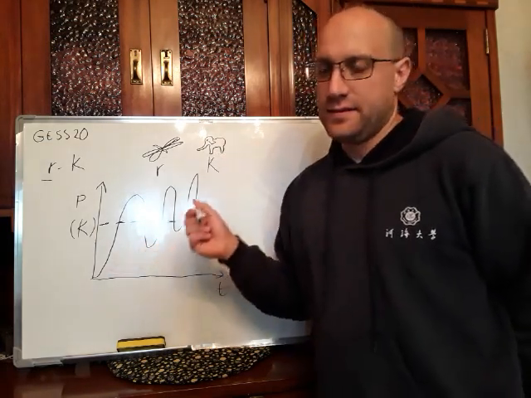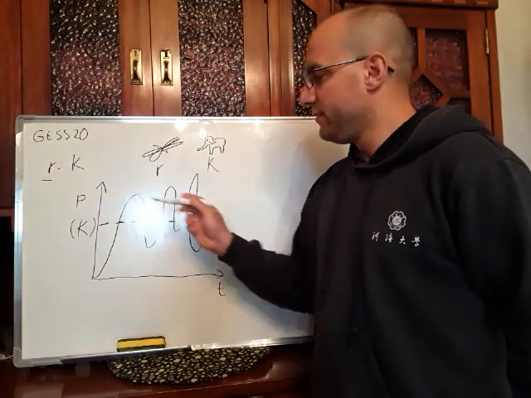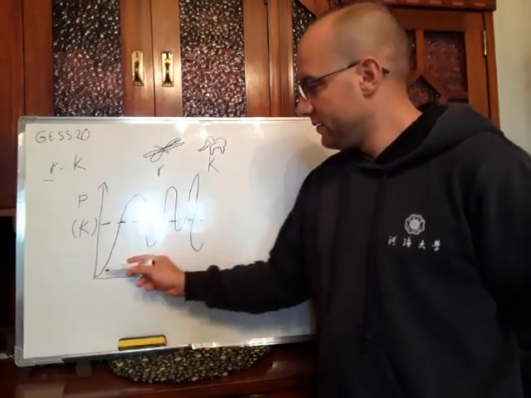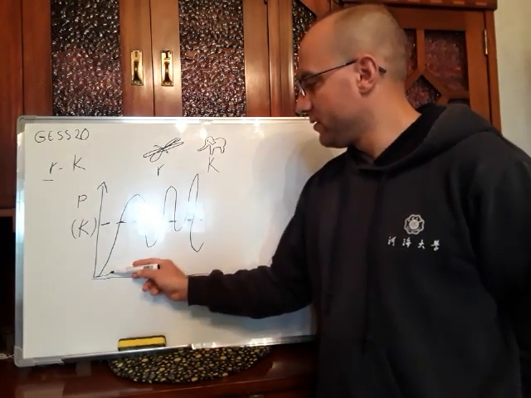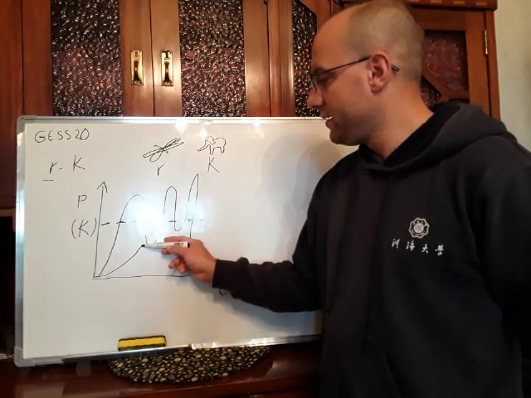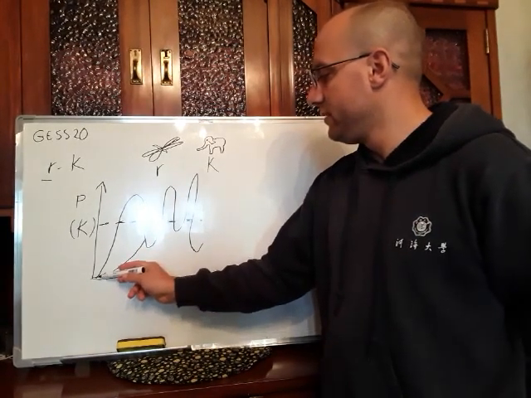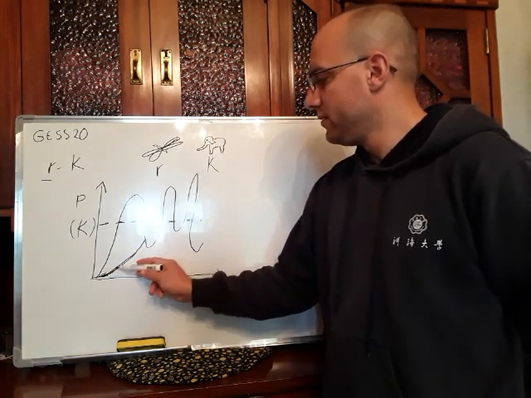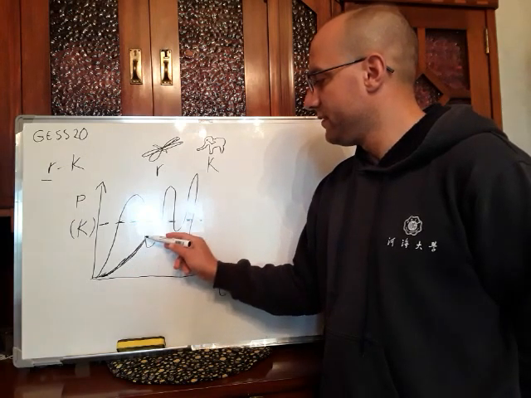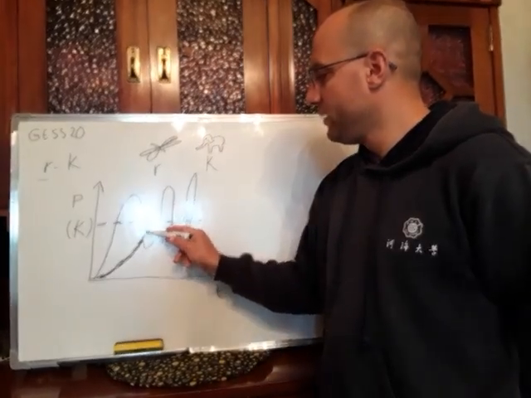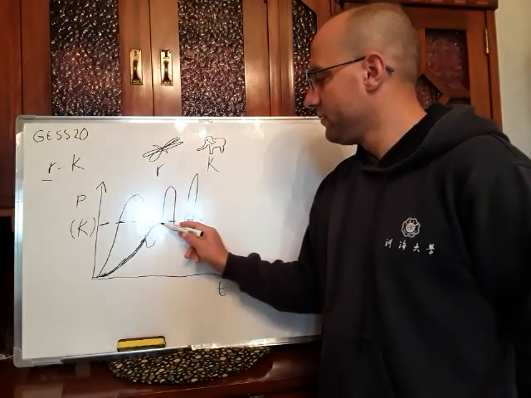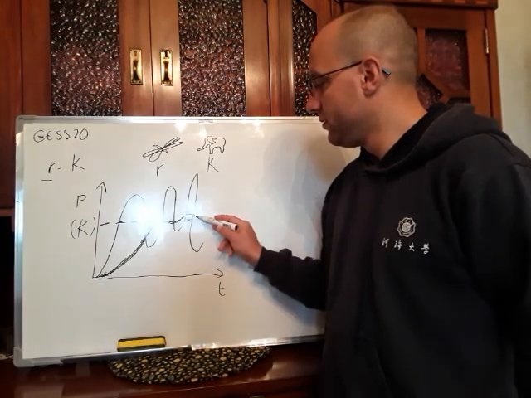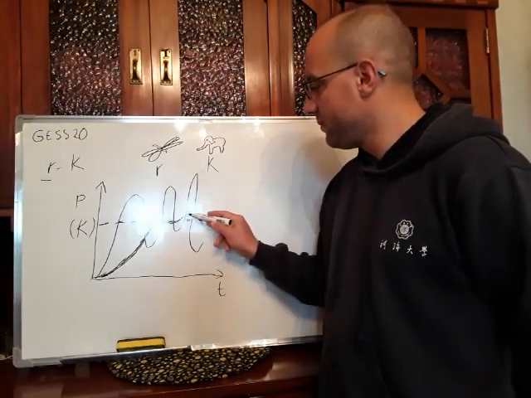And in this case, the number of individuals in the population would be very close to the carrying capacity, would be something that would very slowly grow. So that's why this curve here is different compared to the one of the R selected. And here it will be nearing and moving very close to the carrying capacity.